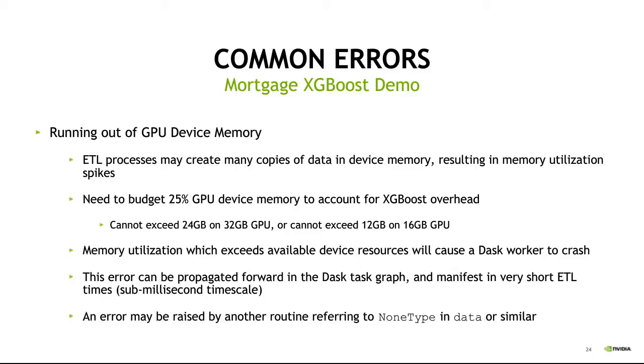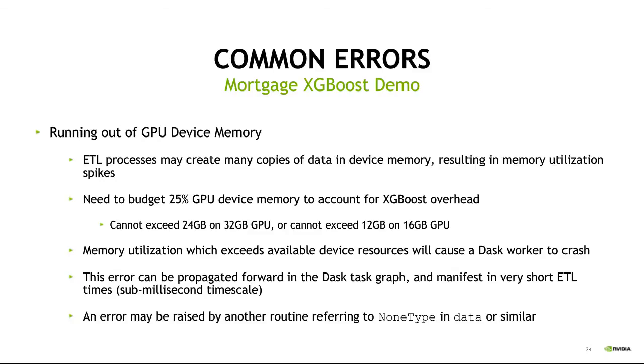If you exceed available device resources, a Dask worker will crash. This error can be propagated forward in the Dask task graph and may result in very short ETL times. In some cases, errors of this type will lead to an error being raised by another routine referring to a NoneType.